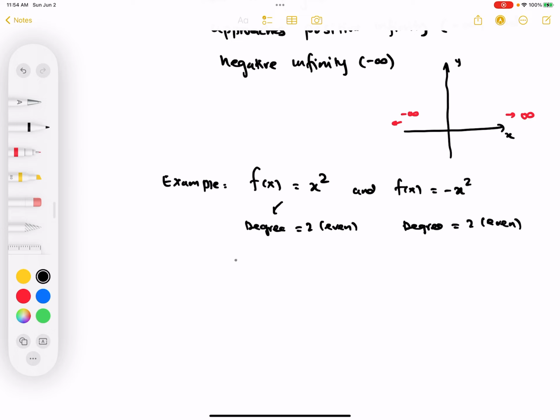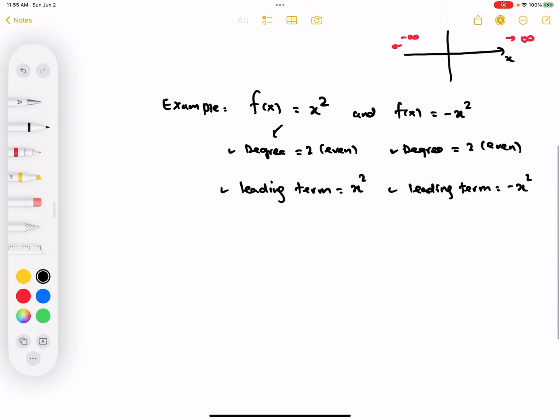But the leading term is different, right? The leading term for this one is x squared, which is positive, and the leading term here is negative x squared. Now, since you know both graphs, let's draw a rough sketch of the graphs.